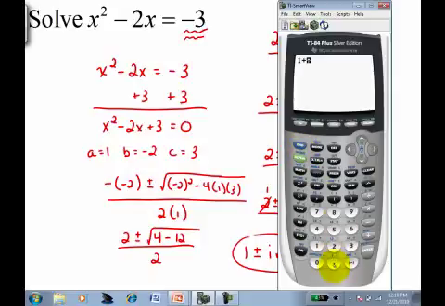So second i, square root of 2. Let's store that in x. So even though it's an imaginary number, we can still keep it stored. And now I can plug it back into the original equation. x squared minus 2x equals negative 3.